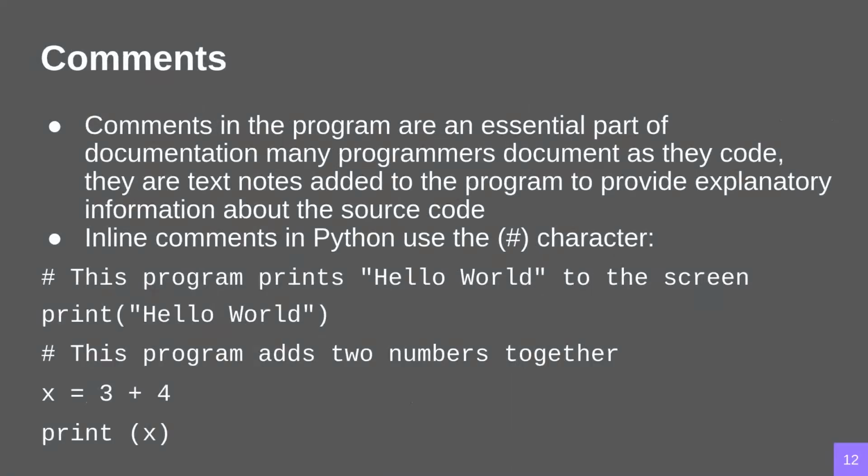So comments can be added in Python quite easily just by putting this symbol at the start, this hashtag symbol or the pound sign. I think this is actually called an octothorpe. If we put this pound sign at the beginning of the line, this tells the interpreter just to ignore it.